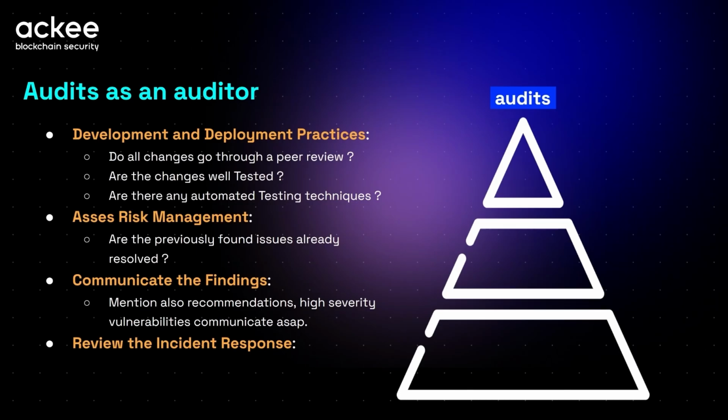Can they detect it, let's say, in seconds, or are they going to know that their protocol was hacked from Twitter? How fast can they react? Can they react immediately, or maybe after a week the fix will be released? So these are all of the important points that you should keep in mind during the audit as an auditor, not as a developer.